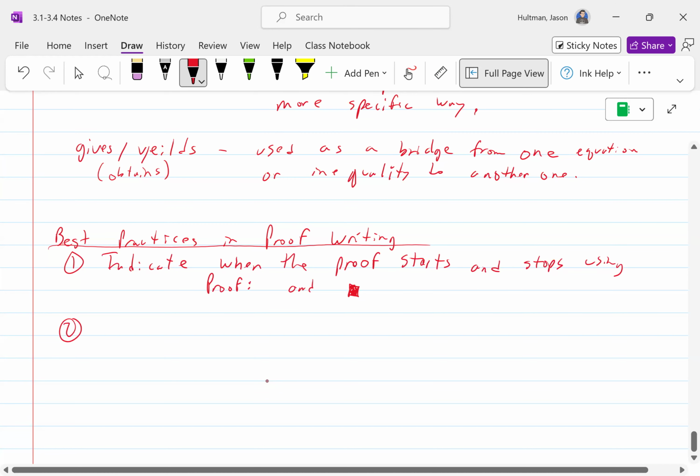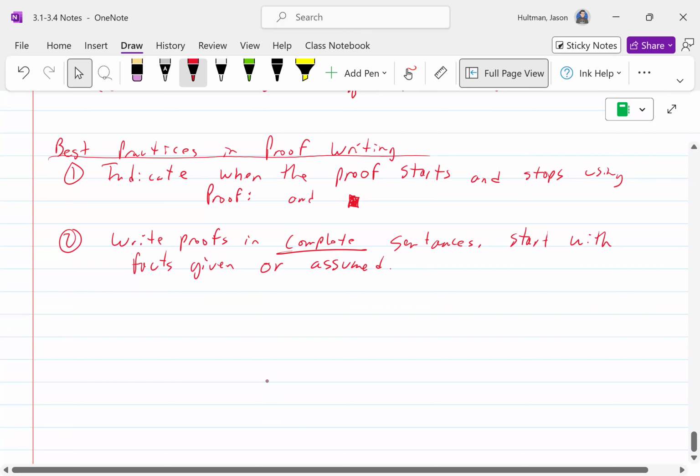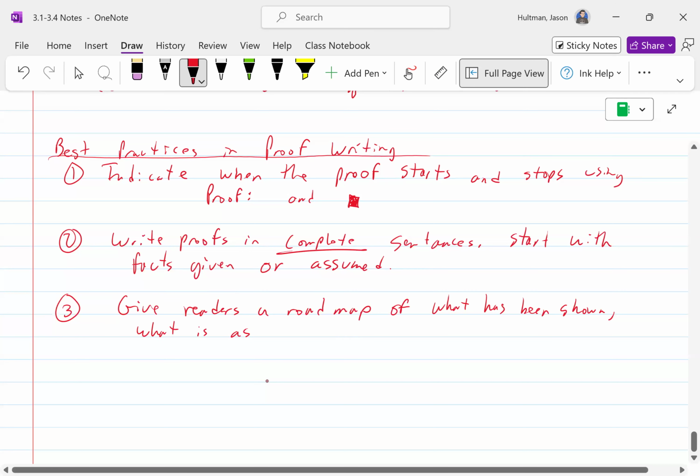Number two, write proofs in complete sentences. Start with facts given or assumed. Number three, give readers a roadmap of what has been shown, what is assumed, and where the proof is going.